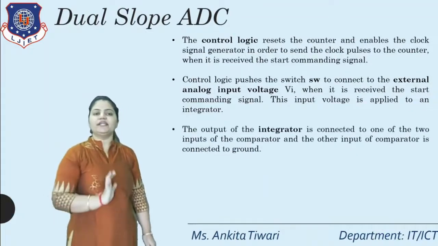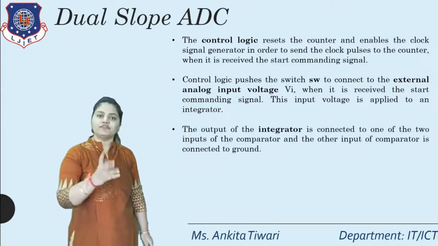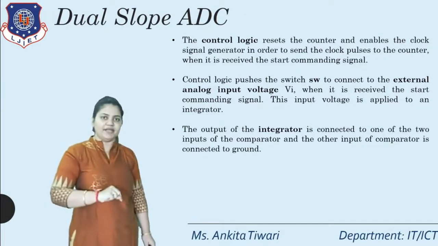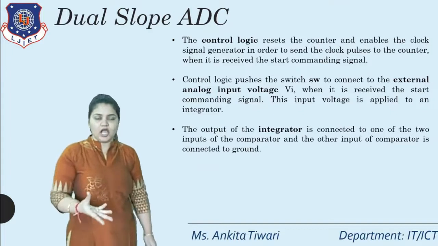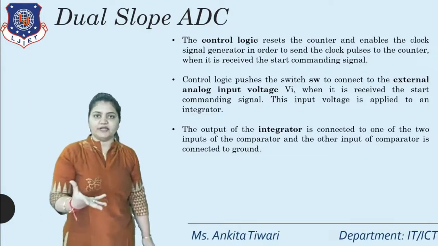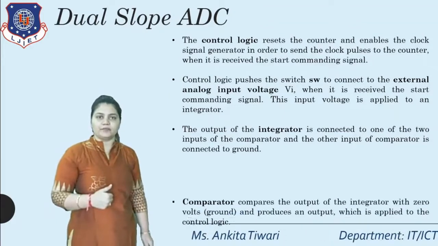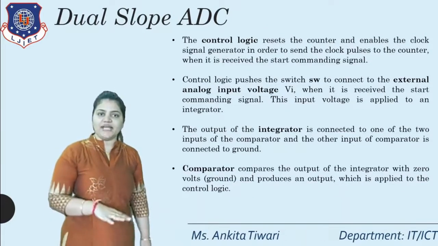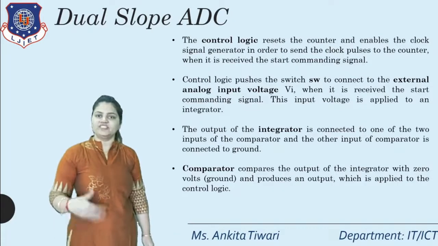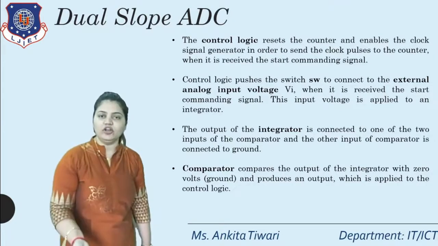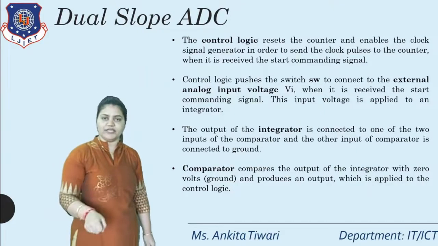The output of the integrator is connected to one of the inputs of the comparator. As I already said, the integrator is connected to the comparator in order to give the input to the comparator, which will generate the control logic. Now, the comparator compares the output of the integrator with 0 volt, that is ground, and produces an output which is applied to the control logic, where the logic will be created.